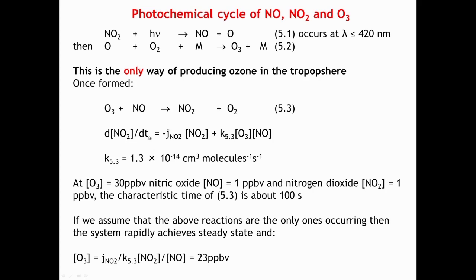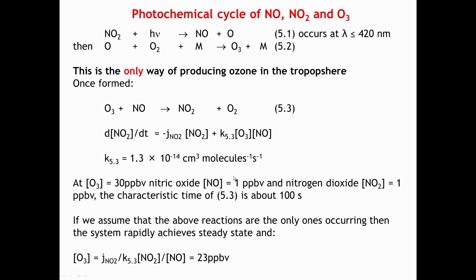So the dNO2 by dt can be calculated here from the photolysis rate and this reaction rate. So can you all calculate this?